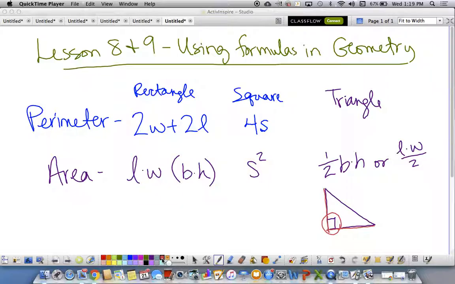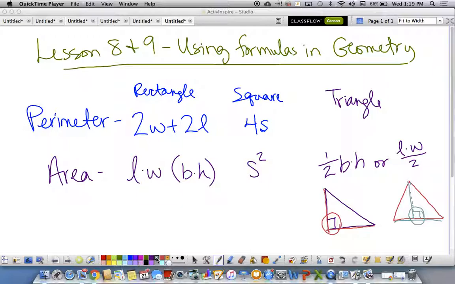The right angle mark will always point to the base and the height. What if it's an acute triangle? You put the line down the middle, with these little dash lines and a right angle mark. Guess where your base and your height is? The right angle mark is always pointing to it.